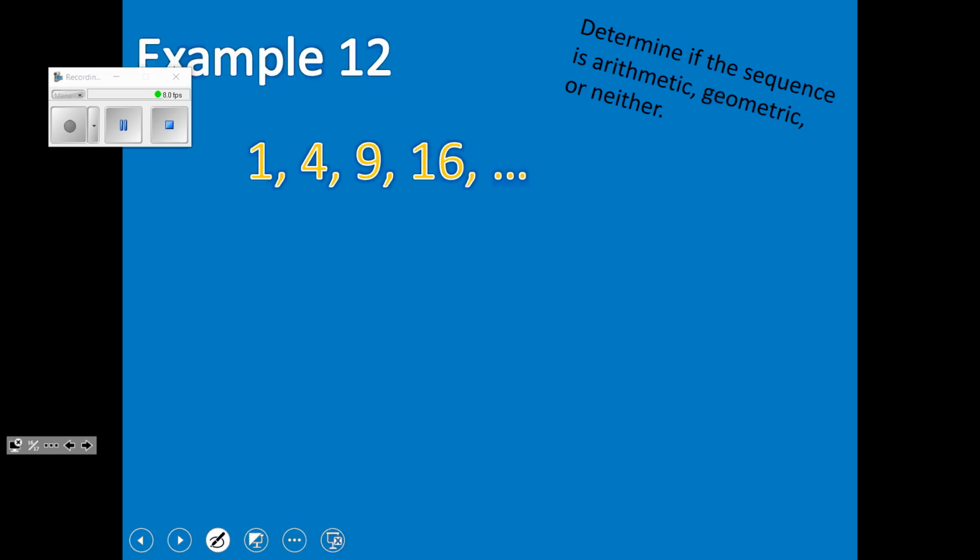All right, 2 more examples left, and we're done. Is it arithmetic, geometric, or neither?